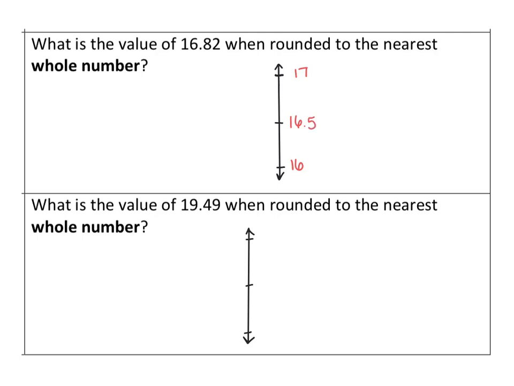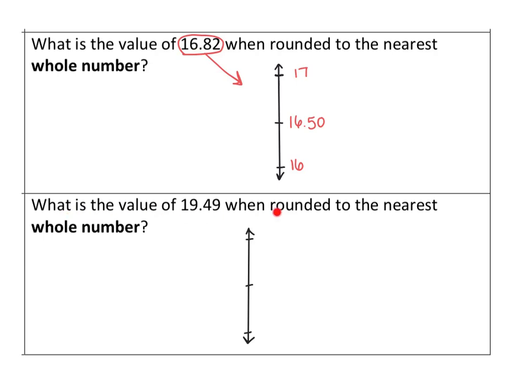Great. Now, you need to figure out, where does this number go on the number line? We can put a 0 here so you can have hundredths. 50 hundredths is the same as 5/10. Is 82 larger than 50 or smaller than 50? It is larger. So we round up to 17.